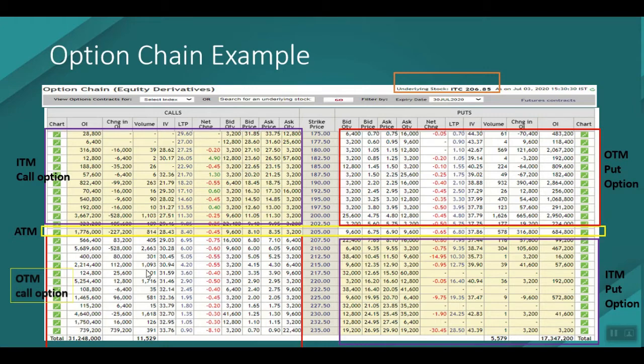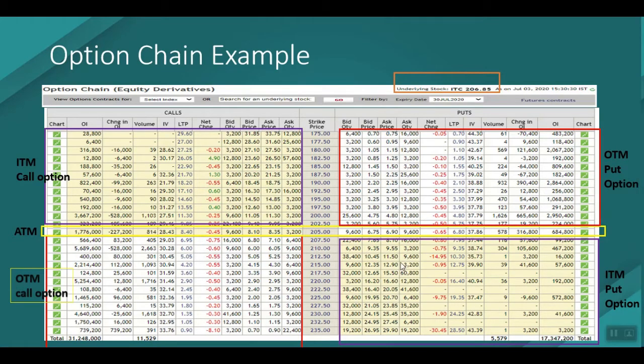If you look at the right side of the strike prices, this belongs to put options. Strike prices below the underlying stock's LTP belong to out of the money put options, and strike prices above the underlying stock belong to in the money put options.